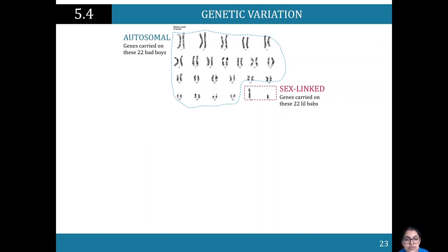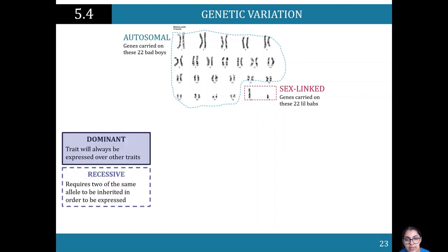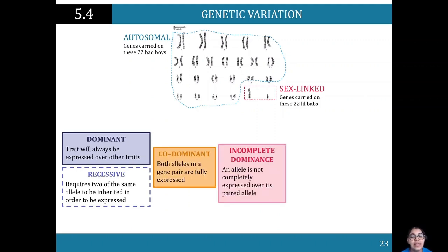Sex-linked chromosomes, though, this is where the genes are carried on those little 2, not 22, on the 2 right there. So women have an XX chromosome, males have an XY chromosome.